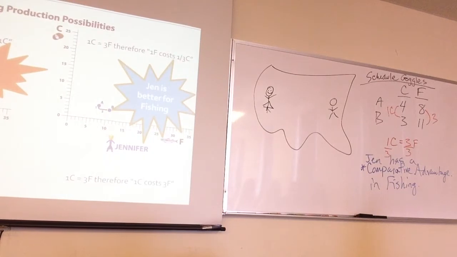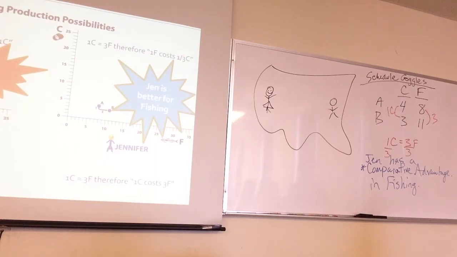So whether we start at point A or point B, it doesn't matter. If he's currently got 8 coconuts and 8 fish, if he gives up the fishing, he'll get 16 coconuts and 0 fish. So our schedule would possibly be some other point. I'm just making up a point here.